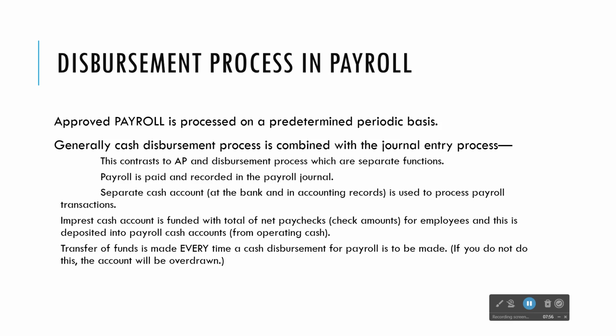You have this separate cash account at the bank, and you are going to be putting money from operating cash into this imprest account. I know it sounds like it would be impressed, but it is imprest. This imprest cash account will get funded by transferring money from your operating cash into this cash account, and then when you write the checks to pay the employees, the checks will be written on this separate payroll cash account.